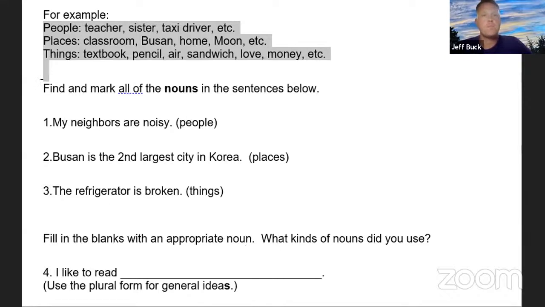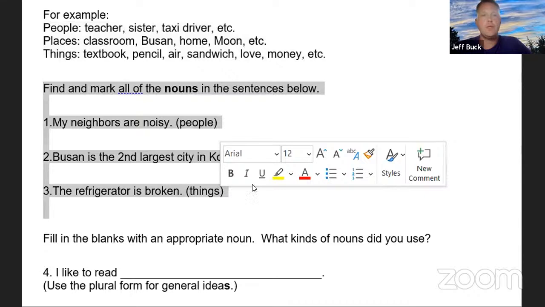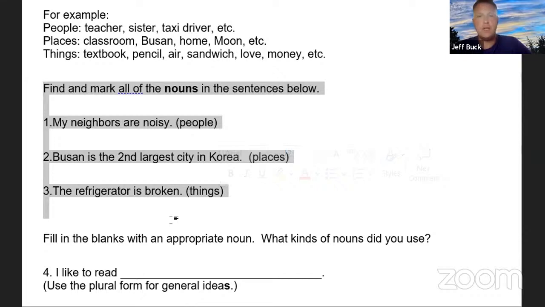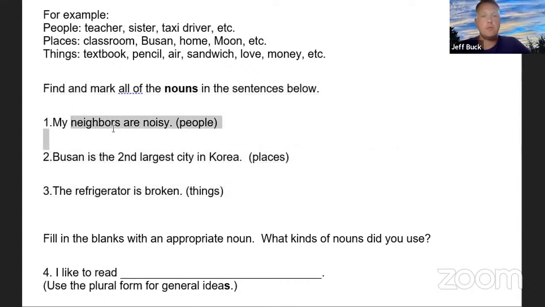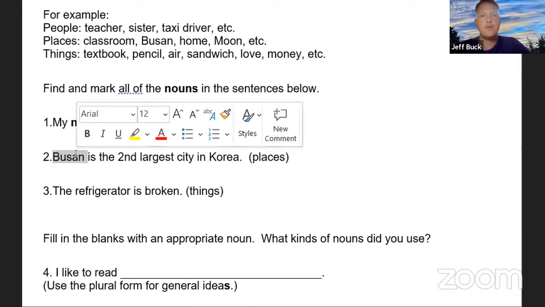So in sentences 1, 2, and 3, find and mark all of the nouns. Take a moment and do that, and then I'll give you the answers. Okay, so neighbors, that's a noun. They're people. And in number 2, we have 3 nouns.